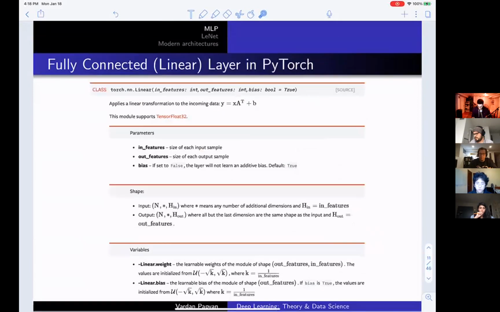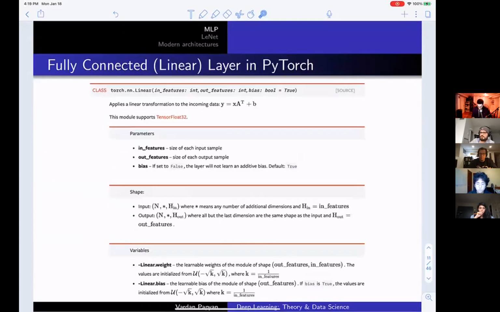So here's an example of how this works in PyTorch. In PyTorch, you have a module which is called a linear module, and this module has the following documentation that I screenshotted here for your convenience.